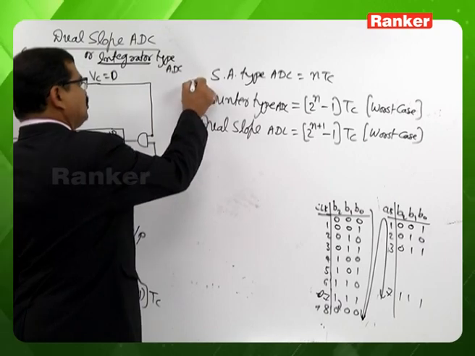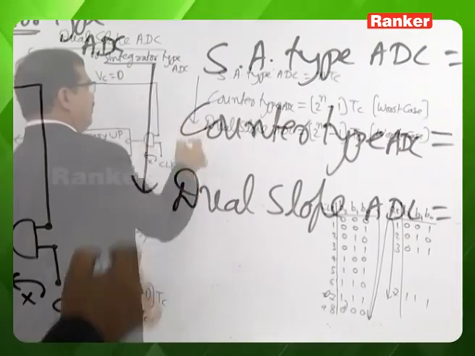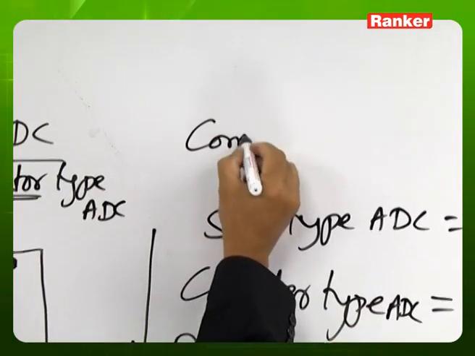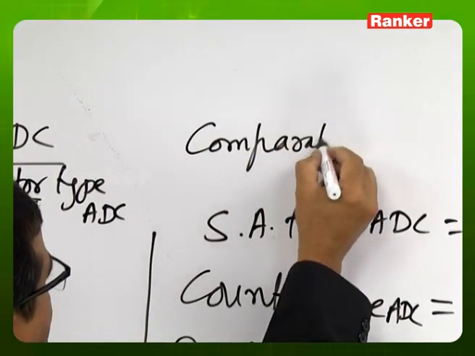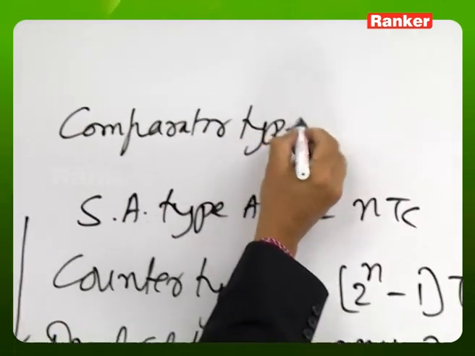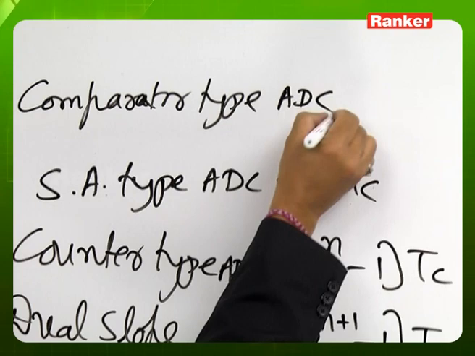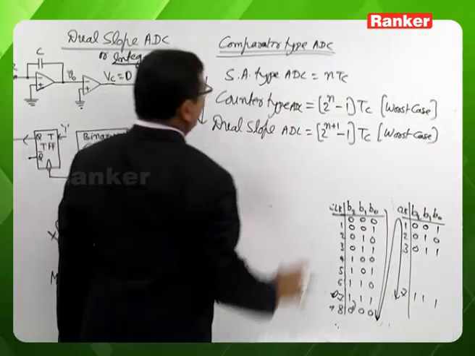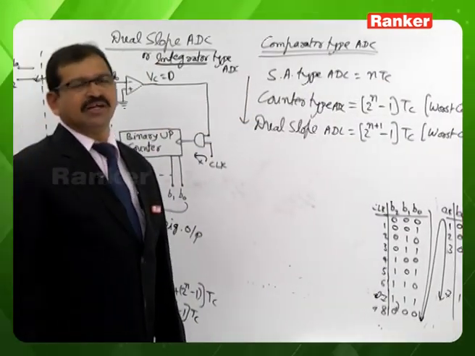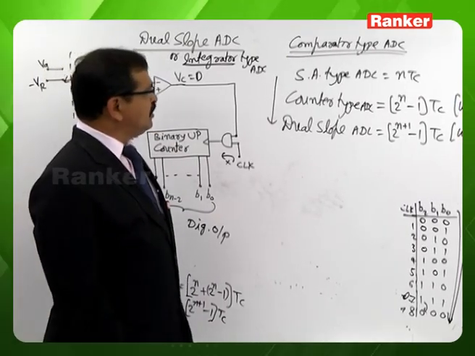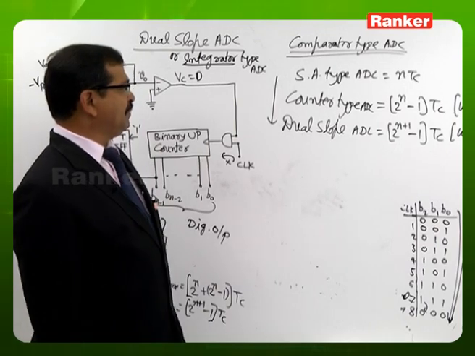So the conversion time is in increasing order. If you look at the comparator type, ideally speaking, if the comparators are having uniform propagation delay, the conversion time is only in terms of the propagation delay.